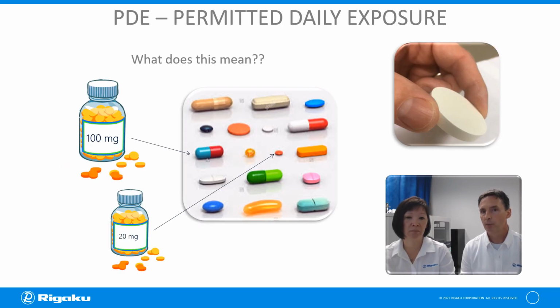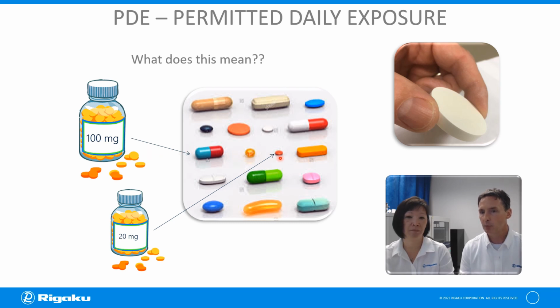Okay, so permitted, you might see PDE or permitted daily exposure, and we're going to talk about the daily dose level that we're testing to. Essentially what that's referring to is the fact that you may have a product, and I'm not just talking about the active dose level, but what's the size of the pill? How many pills do you take in a day? So in other words, how much are you eating of this material? And so how much are you ingesting and then getting exposed potentially if there were heavy metals in the product.